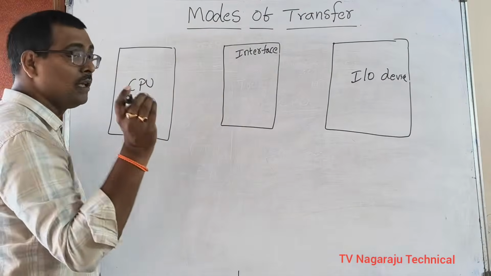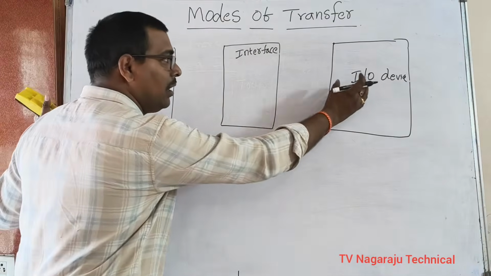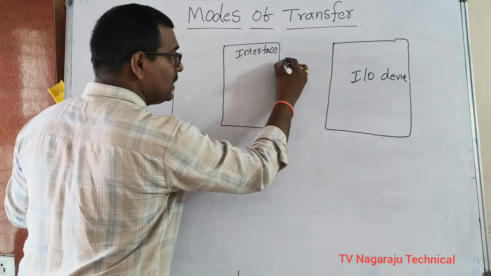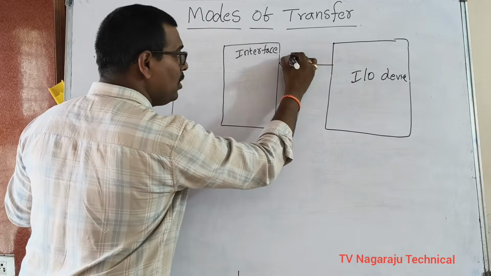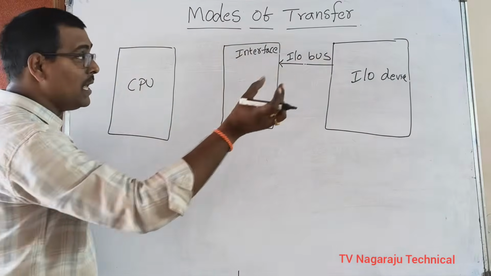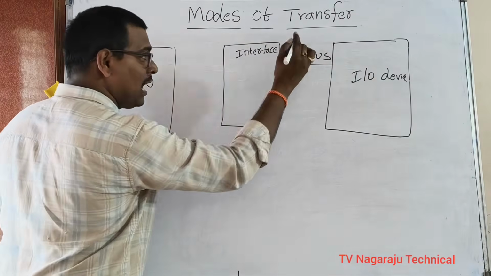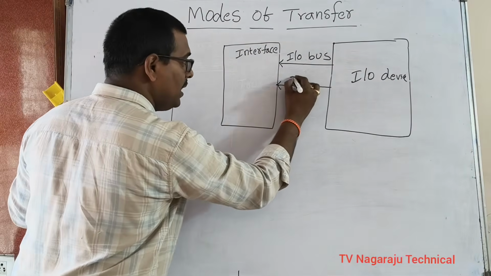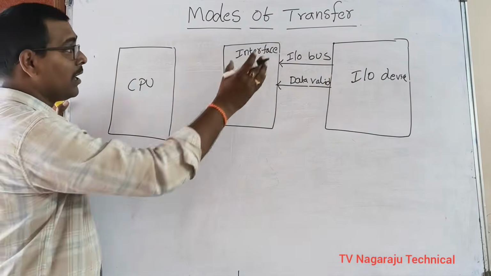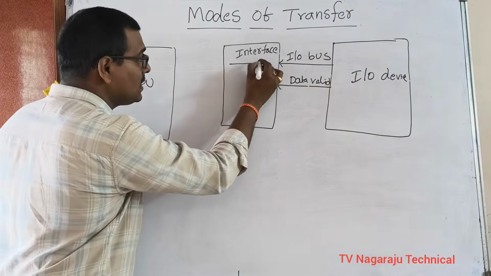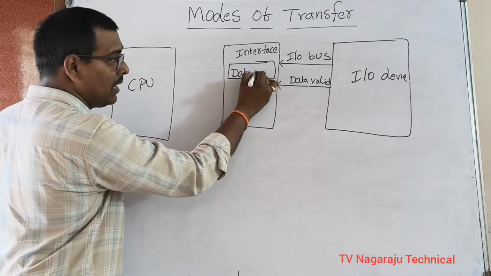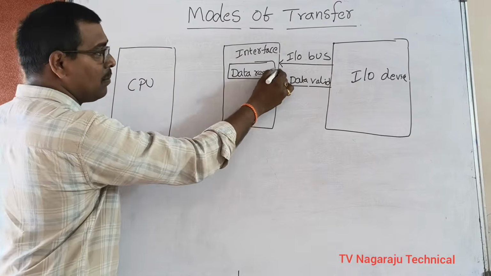Now what happens? Whenever a byte of data is available on the I/O device, the I/O device places the particular byte on the I/O bus, and then immediately enables the data valid line. Now the interface reads the data from the I/O bus and places the data in the data register.